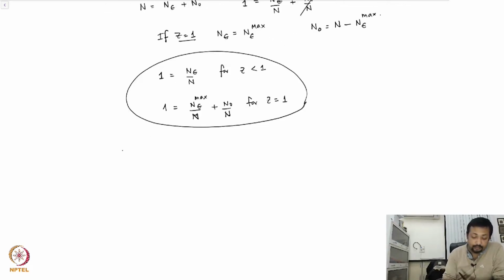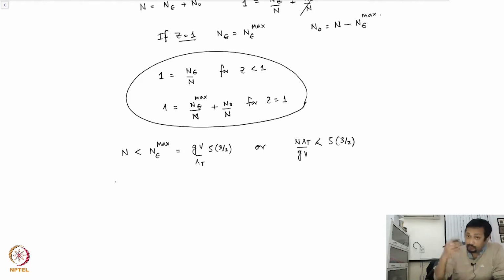Therefore, we can see that when the total particle number is less than N epsilon max, which is GV over lambda T times zeta 3/2, or we can rewrite this condition as N lambda T over GV is less than zeta of 3/2.